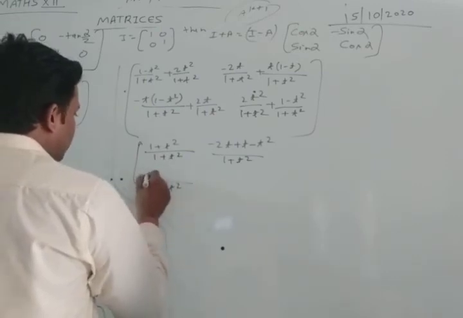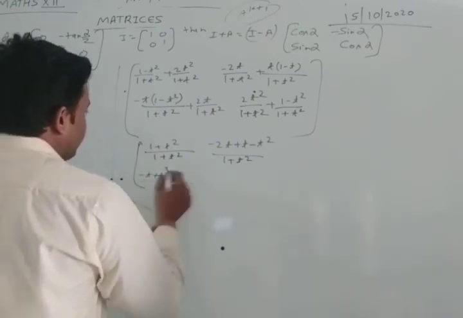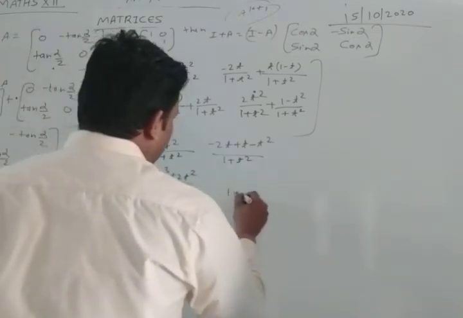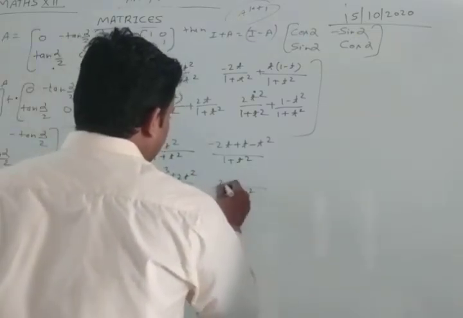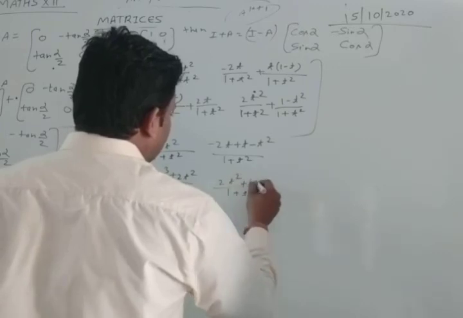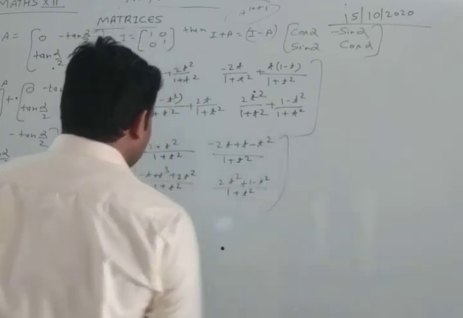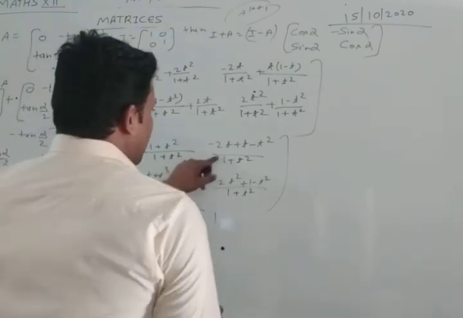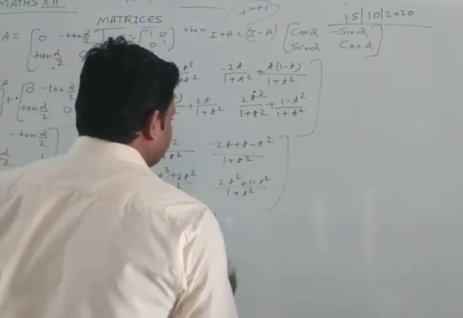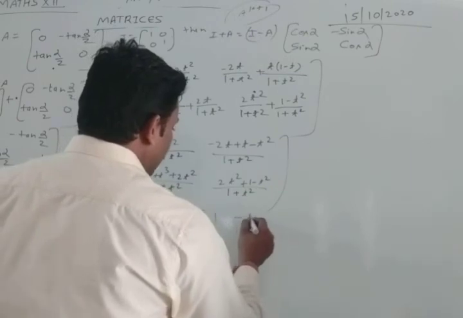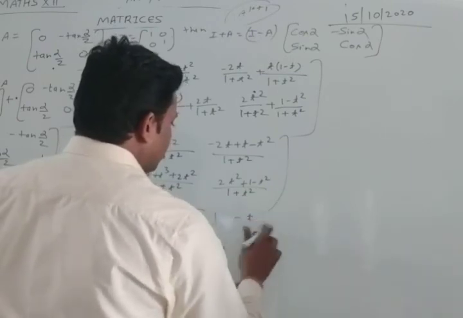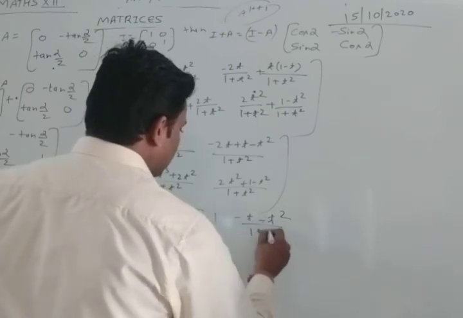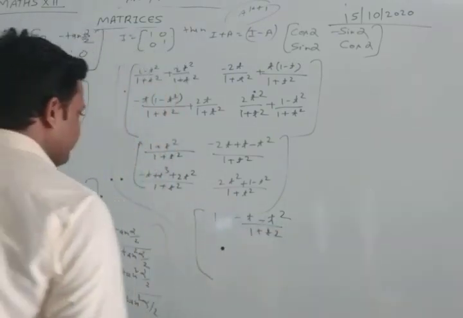We get minus t plus t cube and plus 2t square, 2t square plus 1 minus t square. Okay. Now this is 1. And after solving we get minus t square upon 1 plus t square.